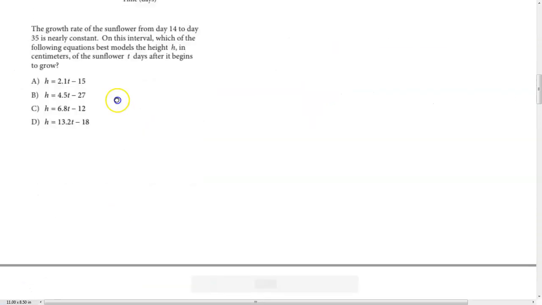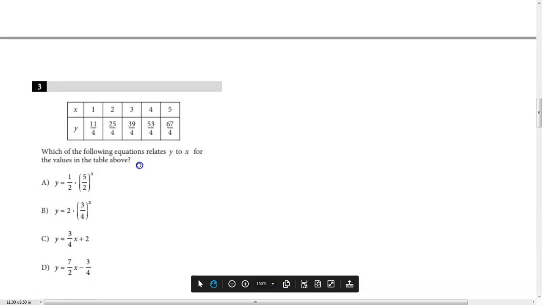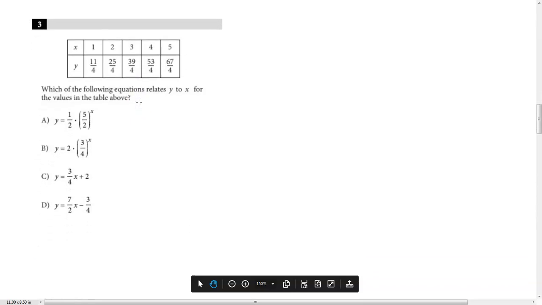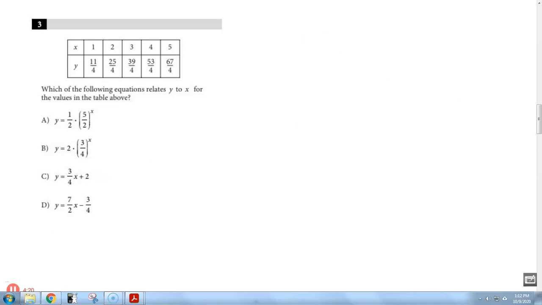All right, next problem, number 3. Which of our equations relates y to x for the values in the table above? First thing I notice is 2 of these equations are not linear. This equation right here is exponential, which is not constant growth.